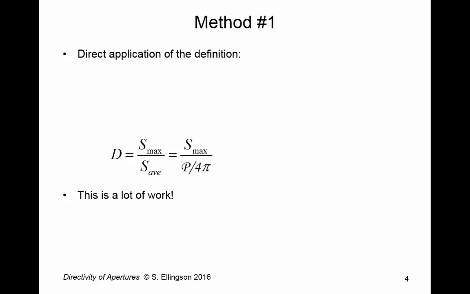Okay, method one. Method one, we just apply the definition. The definition of directivity is the maximum power density over the average power density.